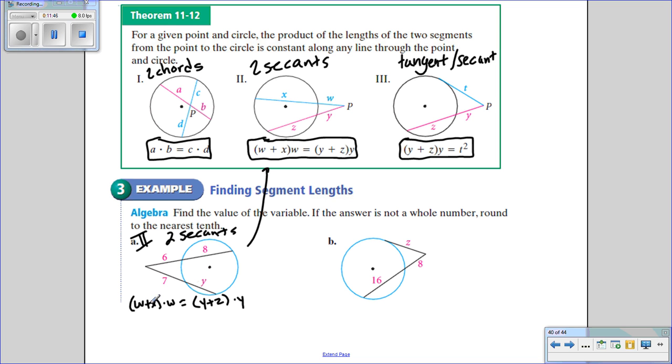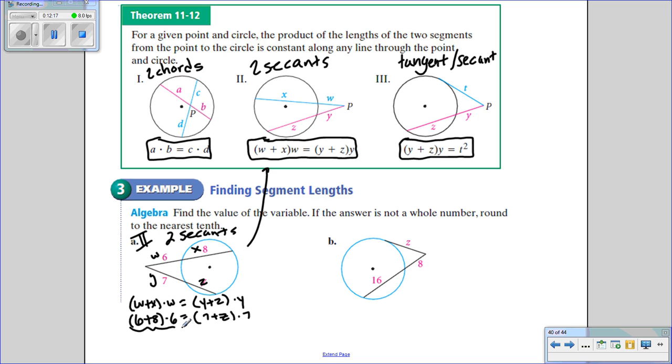Now, w plus x, I'm going to label this first secant: w is 6, x is 8. On the second one, y is 7 according to the diagram, and this is actually z. I'm going to change that to z. Let's plug it in. So it would be 6 plus 8 times 6, and over here we have 7 plus z times 7.